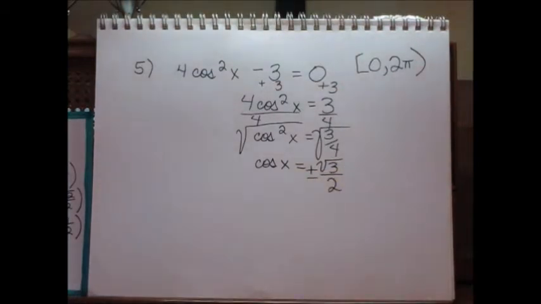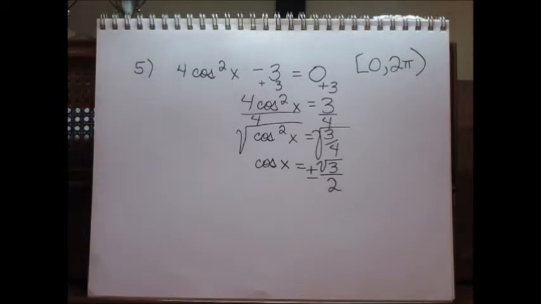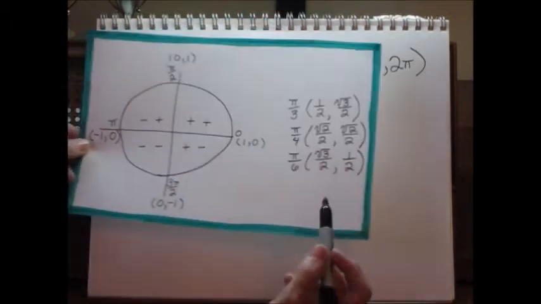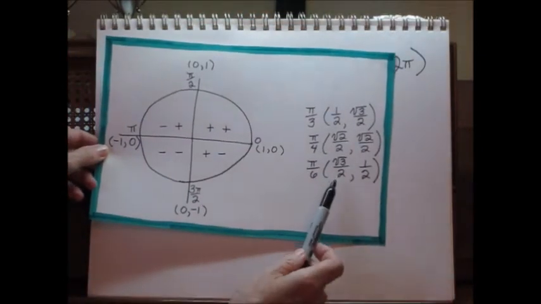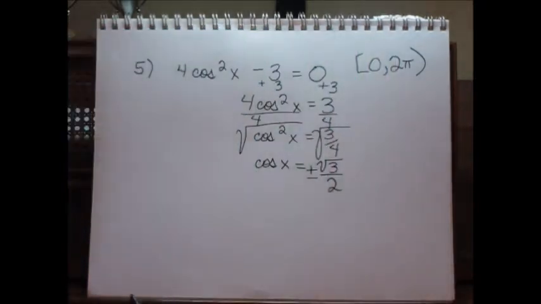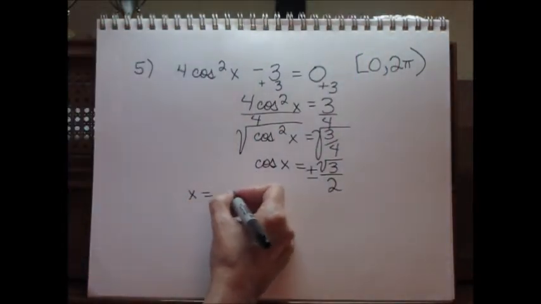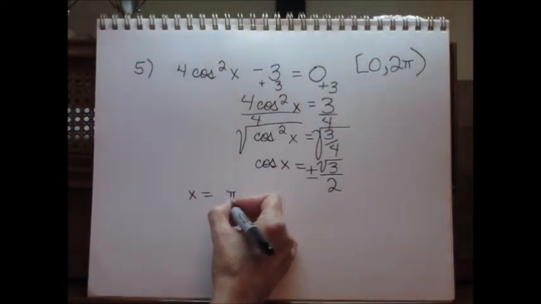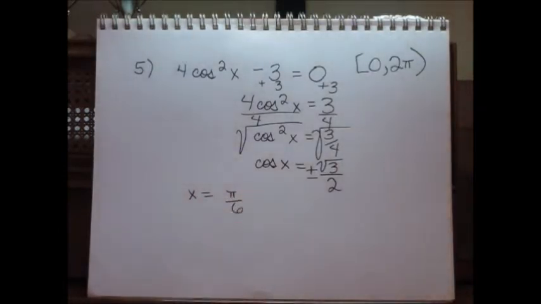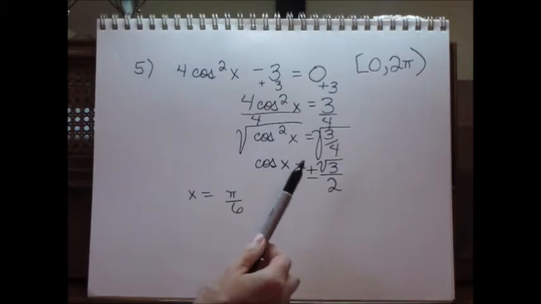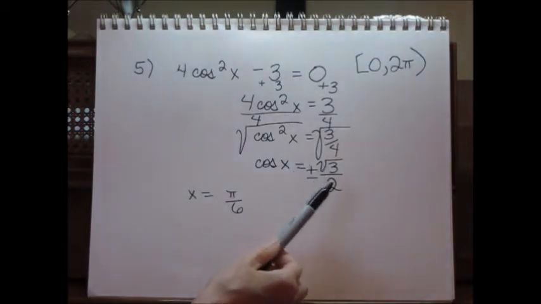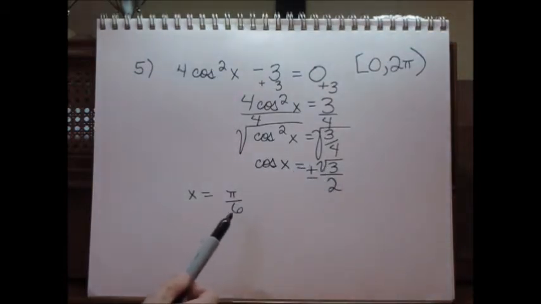Let's find our reference angle. What angle has a cosine of root 3 over 2? Looking at our unit circle, that's pi over 6, so our reference angle is pi over 6. If I want positive and negative, I'm going to put this reference angle into every quadrant.